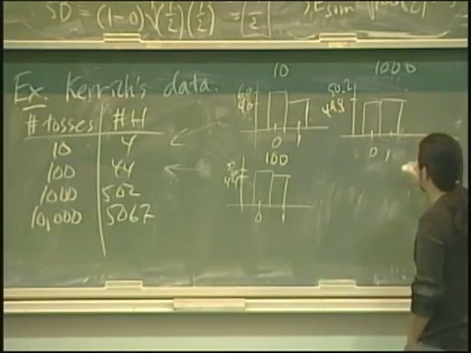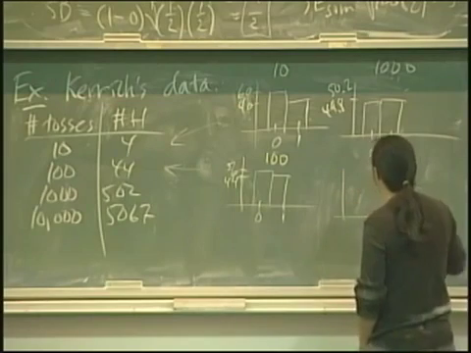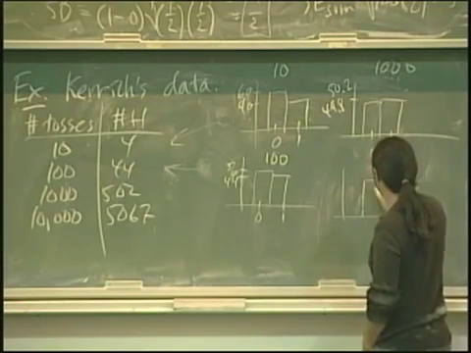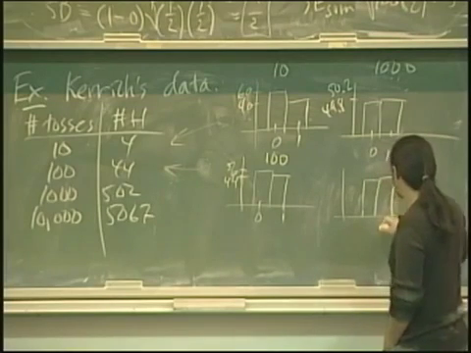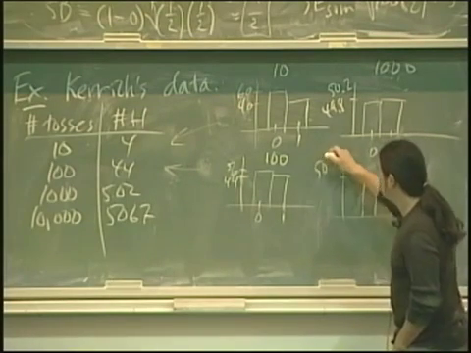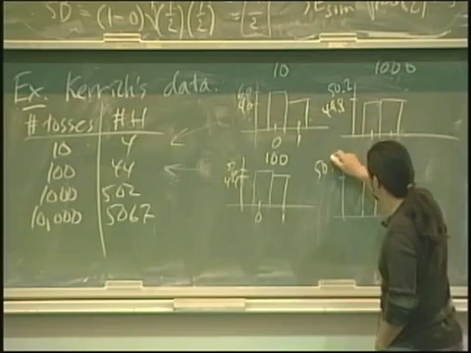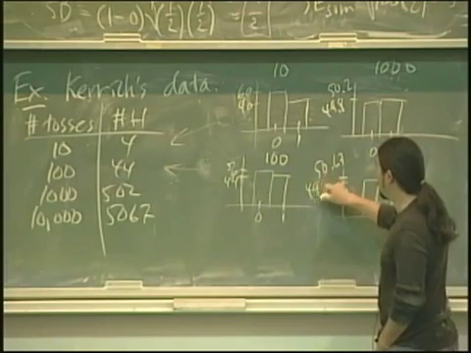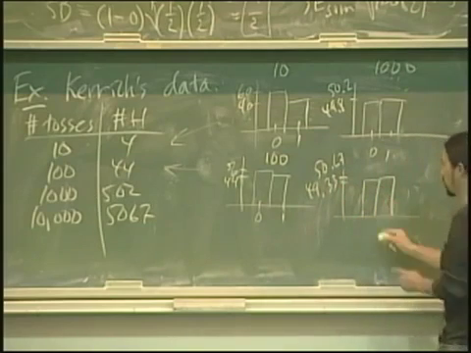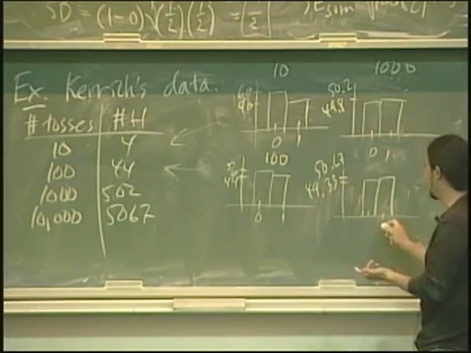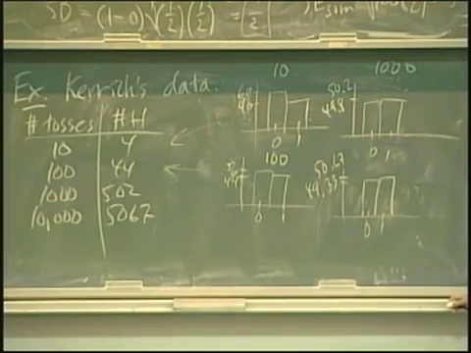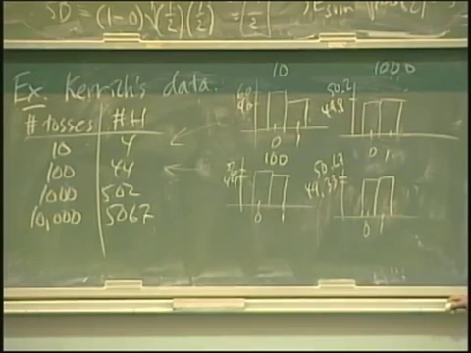Okay, and then finally this one is 50.67 versus 49.33. 50.67 is the height of the tall one. 49.33 is the height of the slightly shorter one. We have 50.67% heads and 49.33% tails. Okay? So what is the law?